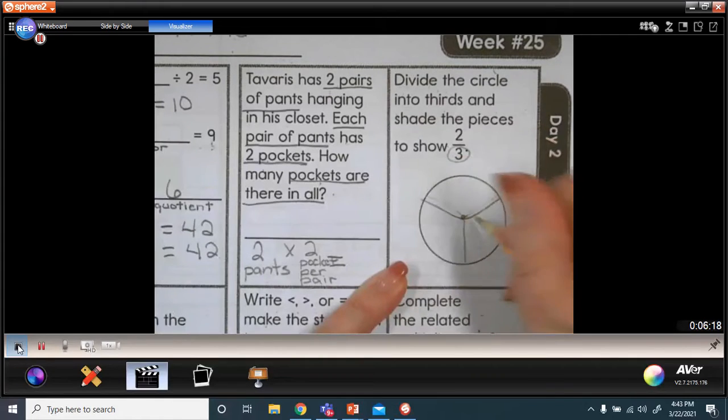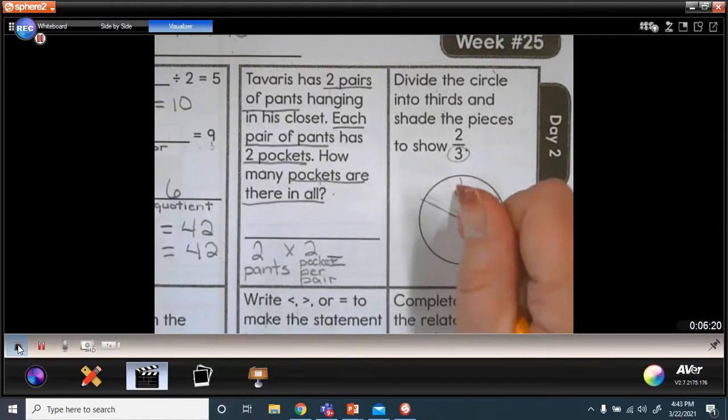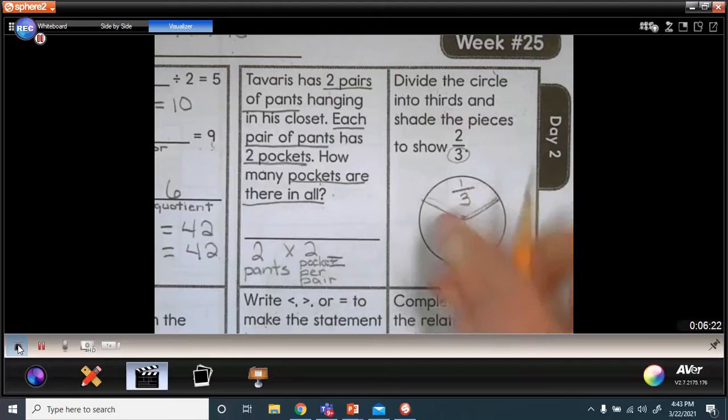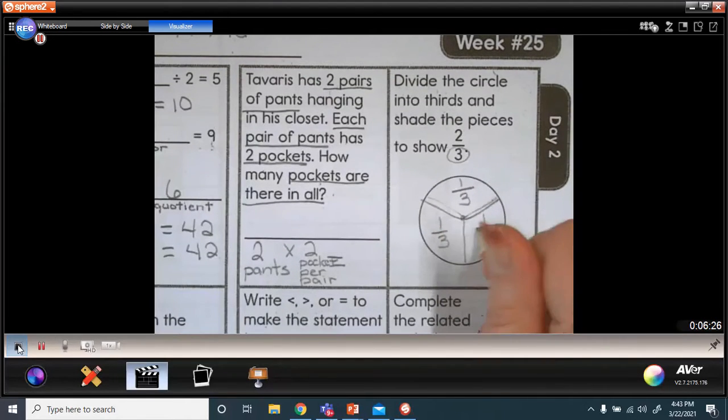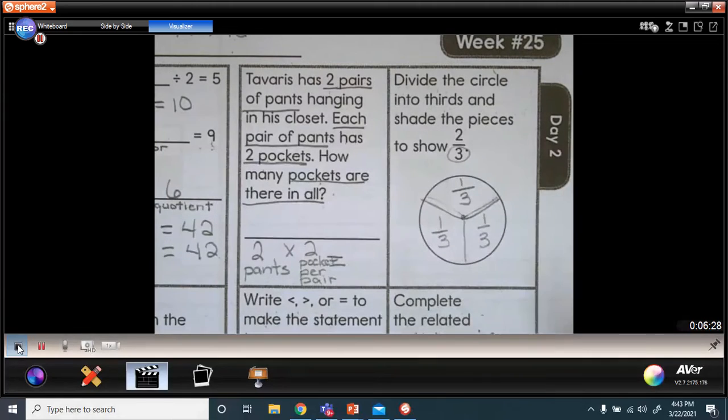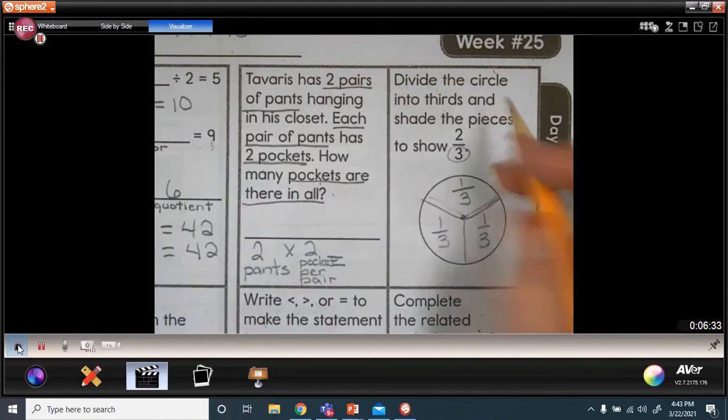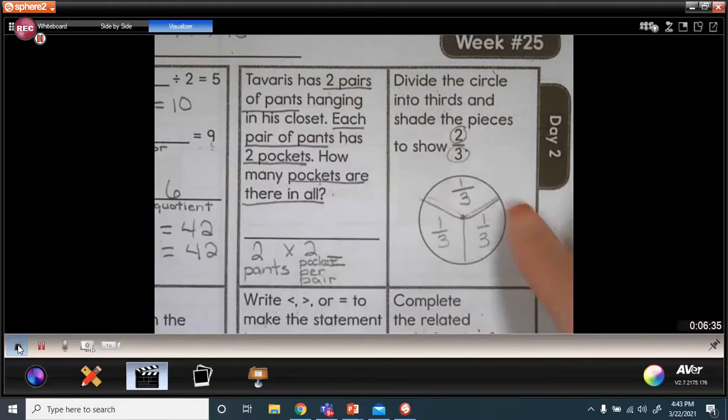And I label each one of these as a unit fraction. One of the 3 parts. One of the 3 parts. One of the 3 parts. So 1/3, 1/3, 1/3. Now, it's telling me in the numerator how many of these thirds we're supposed to show or count.